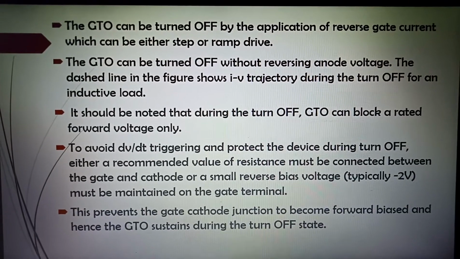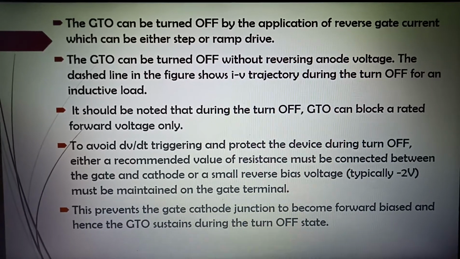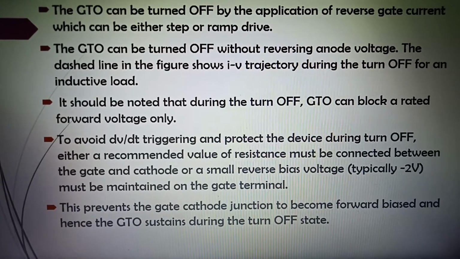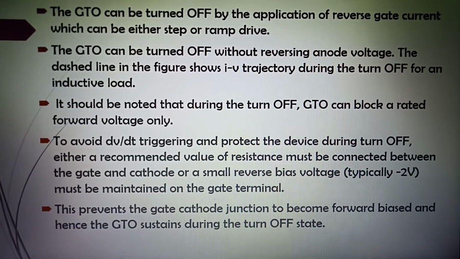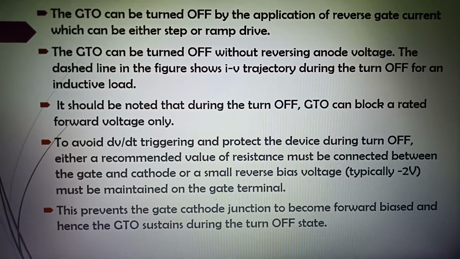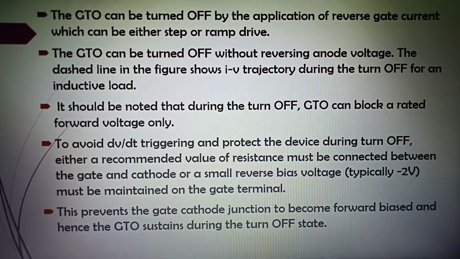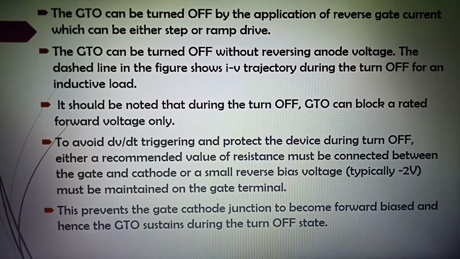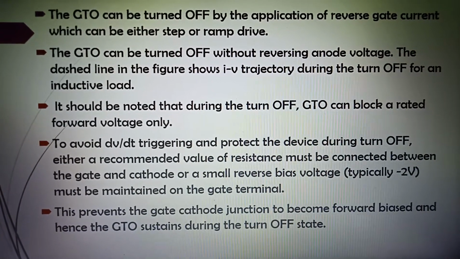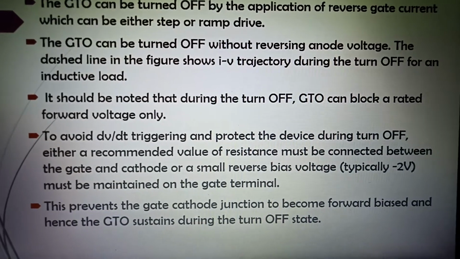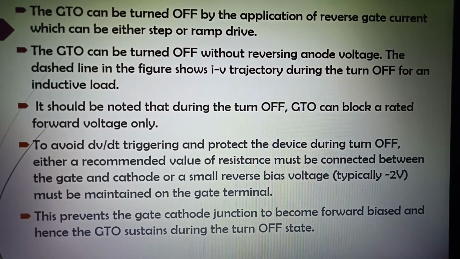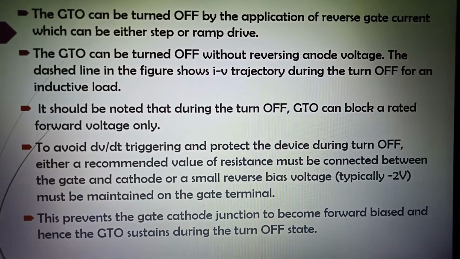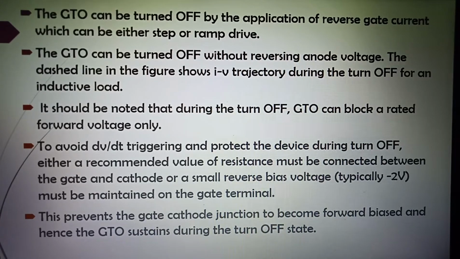The GTO can be turned off by the application of a reverse gate current, which can be either a step or ramp. The GTO can be turned off without reversing anode voltage. The dashed line in the figure shows the IV trajectory during turn-off for an inductive load. It should be noted that during turn-off, the GTO can block a rated forward voltage only.